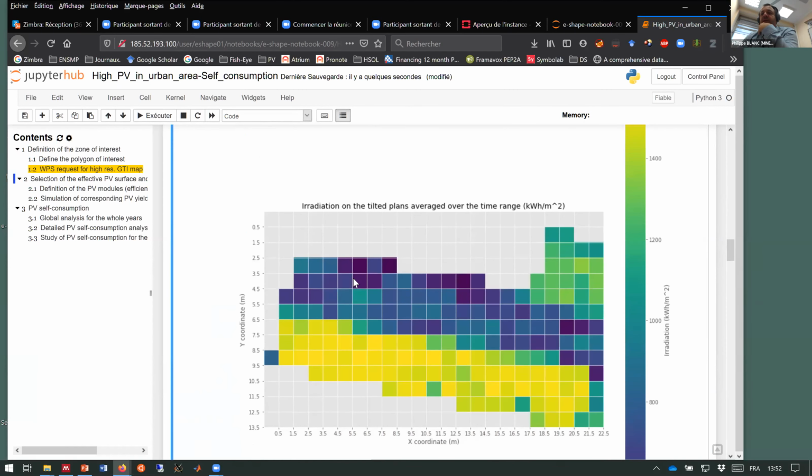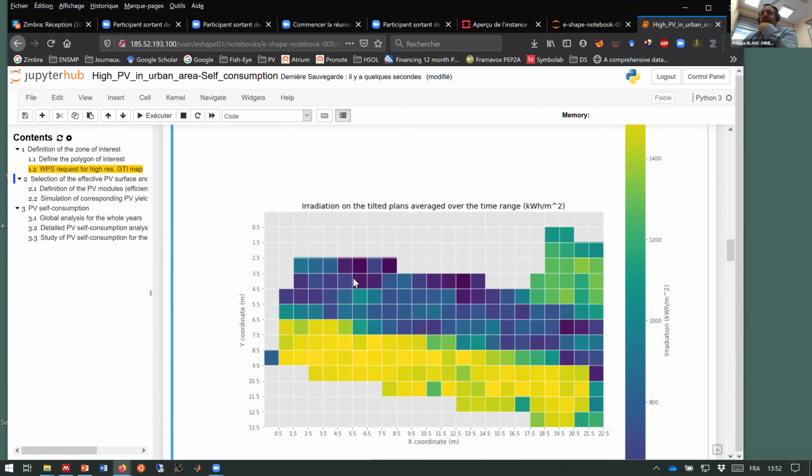The maximum irradiation I get on a yearly basis is more than 1,400 kilowatt hours per square meter, and the lower values are lower than 600 kilowatt hours per square meter.